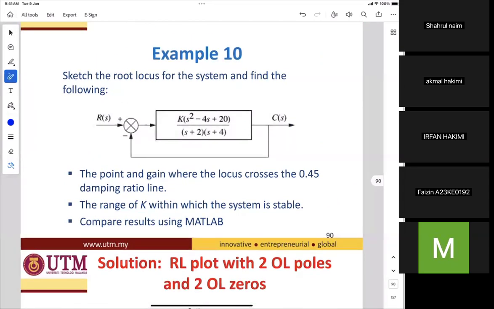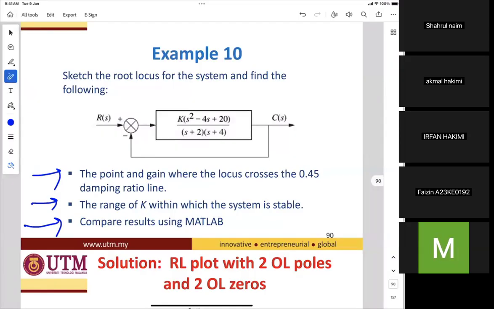Sketch the root locus for the system and find the following: the transfer function, the point and gain where the locus crosses the 0.45 damping ratio line, the range of K within which the system is stable. Compare result using MATLAB.